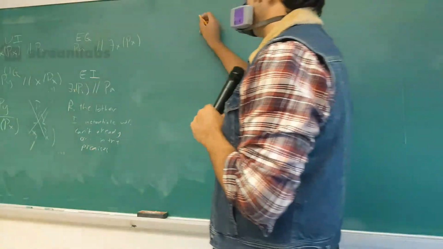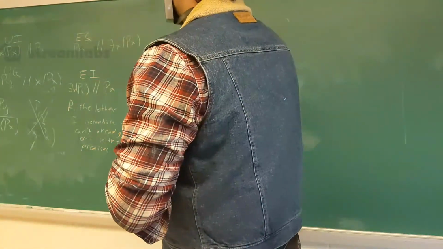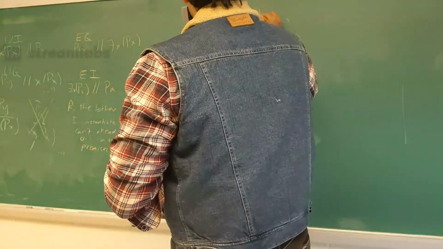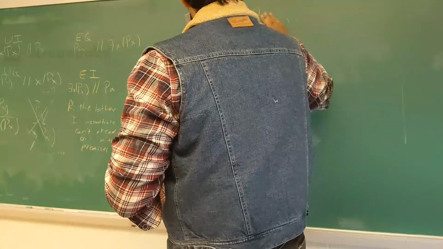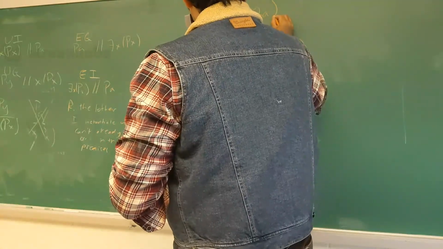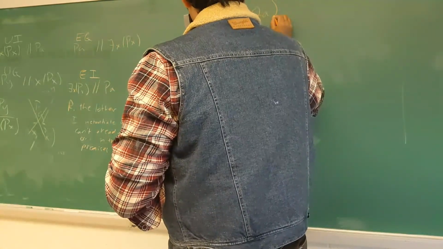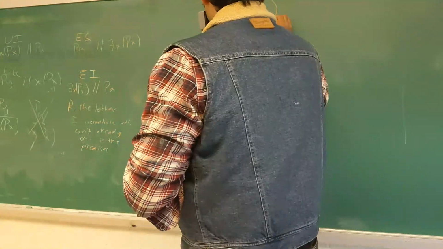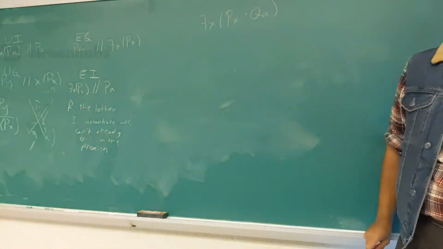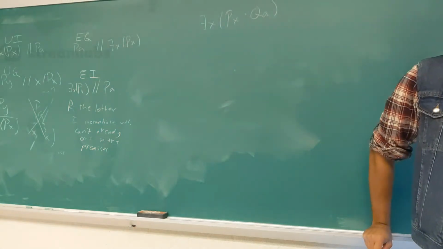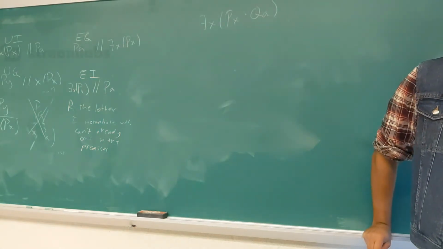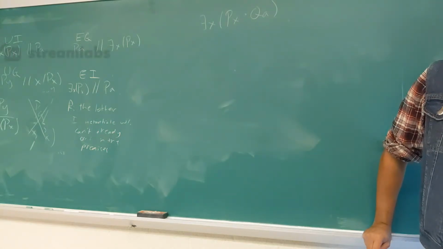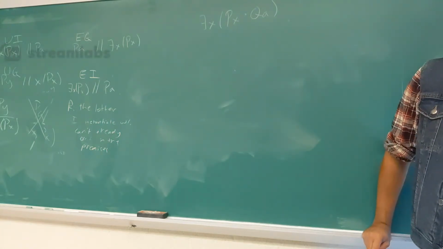Rapid fire. What's it say? There exists an x such that x is P and x is Q. Or a is Q?